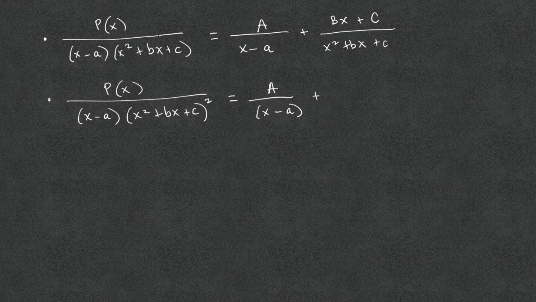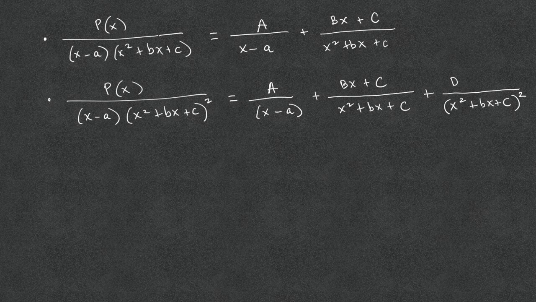In this case, the irreducible quadratic x squared plus bx plus c is being repeated twice. We would then need two rational terms for the denominator x squared plus bx plus c, and we increase the power by 1 each time. The numerator for the irreducible quadratic is still linear, thus bx plus c and dx plus f.